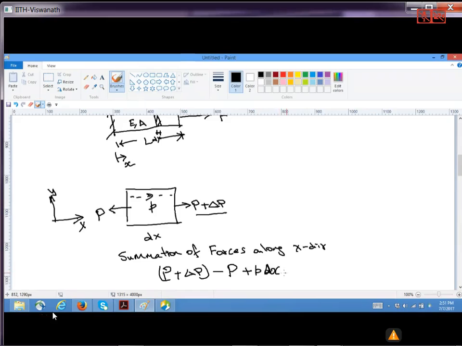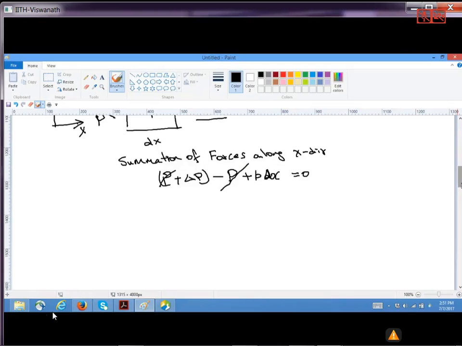This P and this P get cancelled and we end up with delta P plus p delta x is equal to 0, or I can write it as delta P by delta x plus small p is equal to 0.